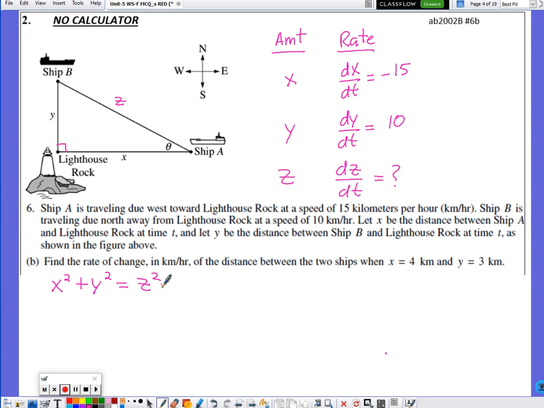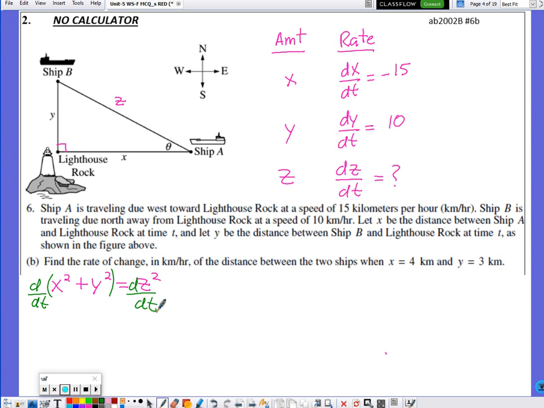Now in the lamppost problem, I showed you how I did a fair amount of rearranging to get a simpler version. You're not going to make this simpler by taking the square root. That makes it more complicated. So just leave this one alone. We differentiate both sides of the equation with respect to time. So we're going to go d over dt and d over dt.